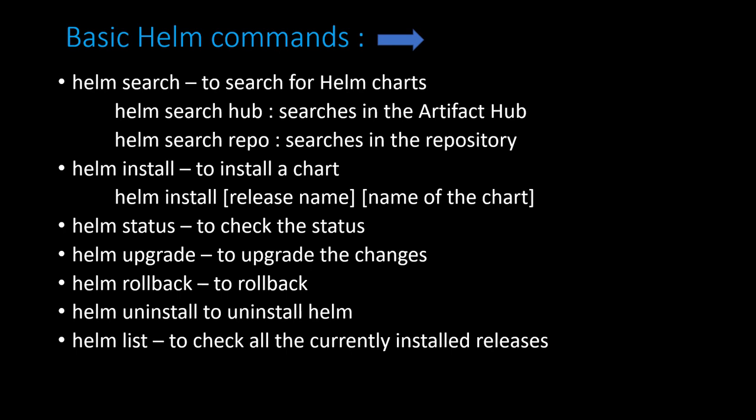You can check the status of the Helm chart by typing helm status and your chart name, and you can upgrade by using helm upgrade followed by your chart name. Then helm rollback, uninstall with helm uninstall, and you can check the list of currently installed releases by typing helm list.